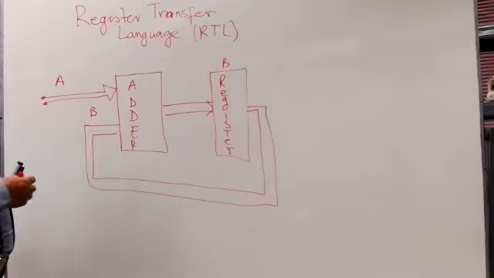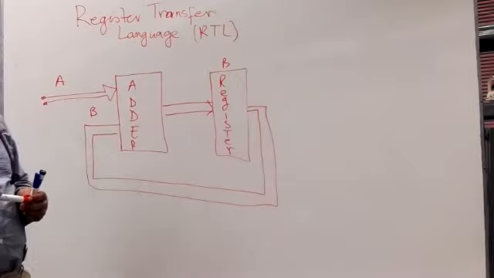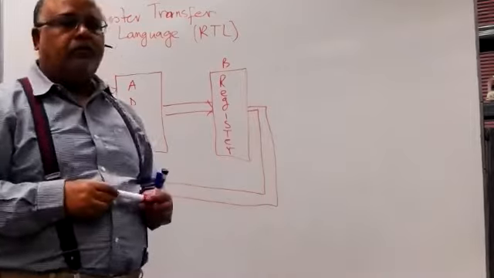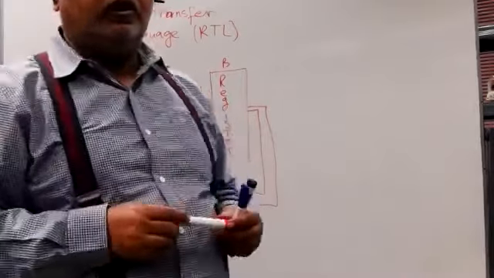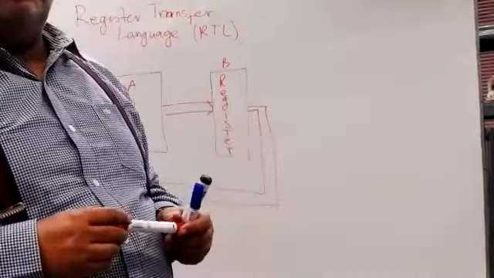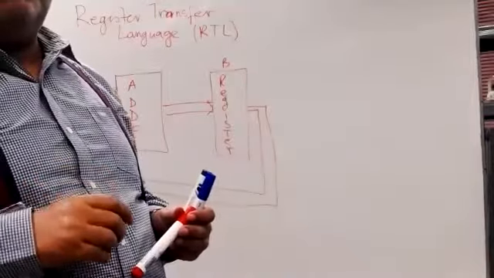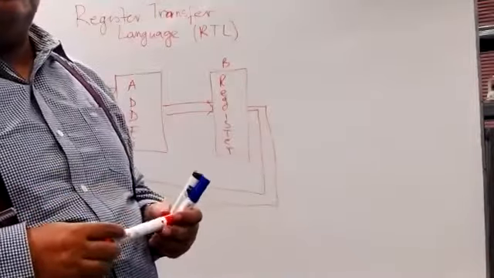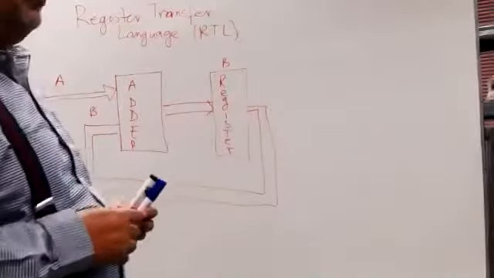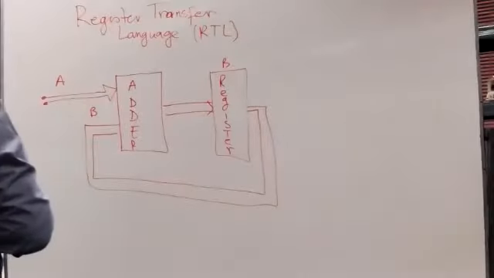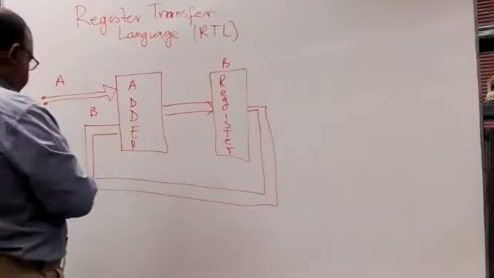Setting up the switches, switches are also registers. If you look at them, in a way they are mechanical registers. Whatever you set them to once, they stay that way, unless you set them again. So they are in a way mechanical registers.